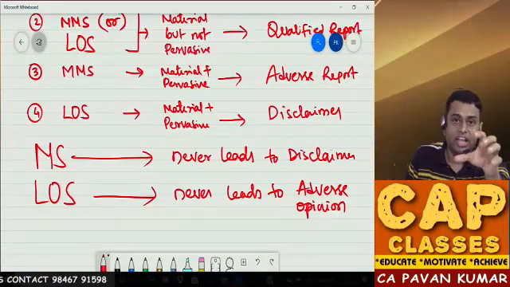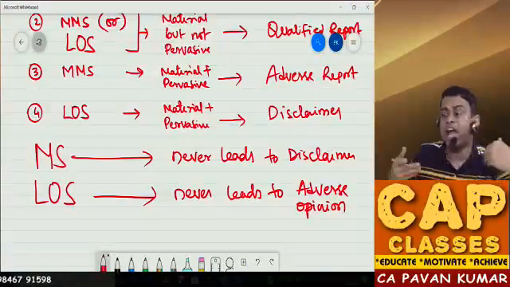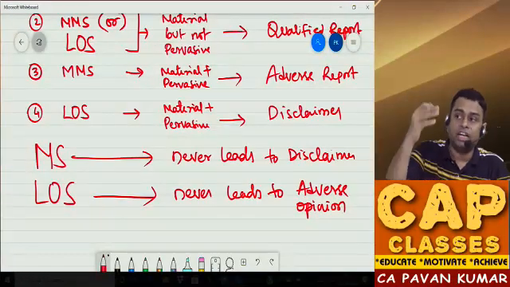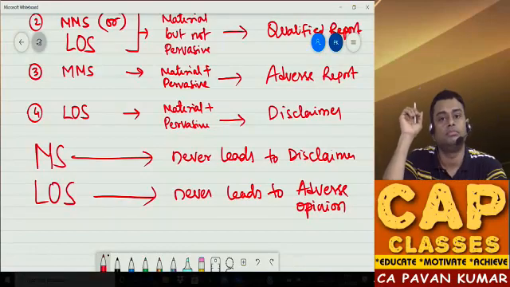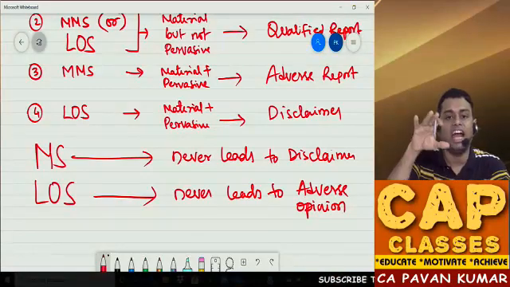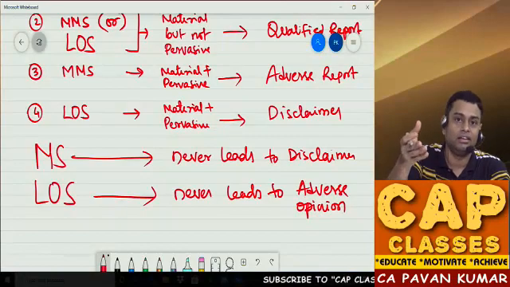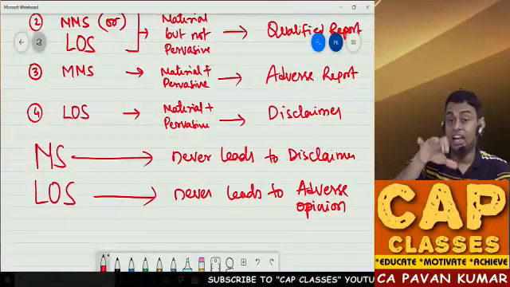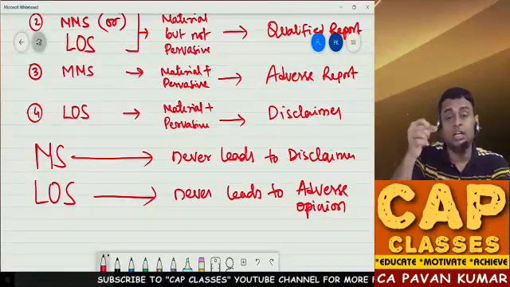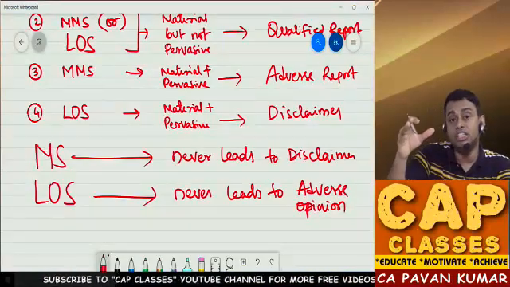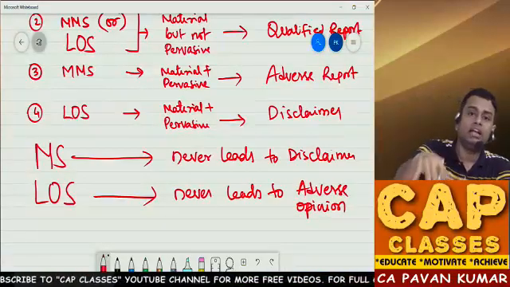If a 10 crore rupees FD is there, I have to say that they mentioned there is an FD, but audit evidence is not available for that. I cannot say there is no FD unless I went to the bank and applied alternative procedures, and through application of alternative procedures I concluded that it is a fraud.